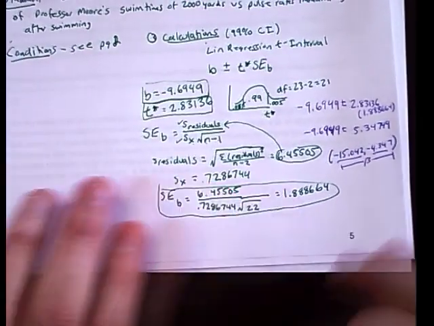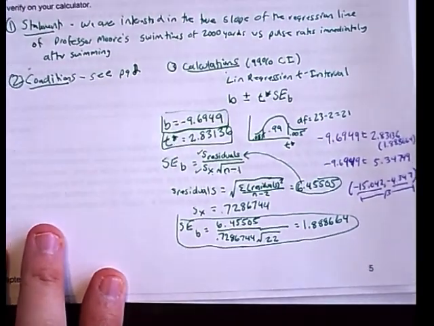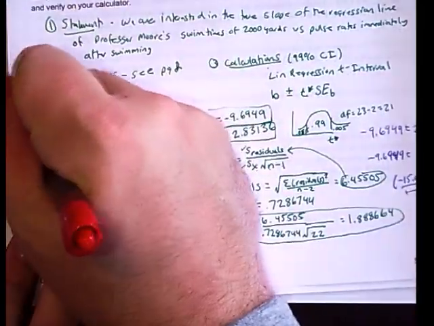So we don't have a decision with a confidence interval, but we do have a conclusion.